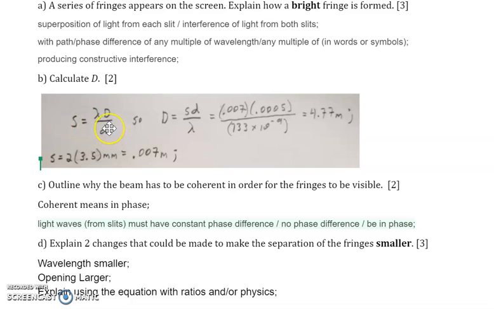That makes S smaller. Or if lambda gets smaller, S gets smaller. I suppose you could say if D gets smaller, S gets smaller. So any of those, but explained according to this equation, where you're explaining the relationship algebraically, is typically what they're after on that question. So that's the first one from the quiz. There you go.